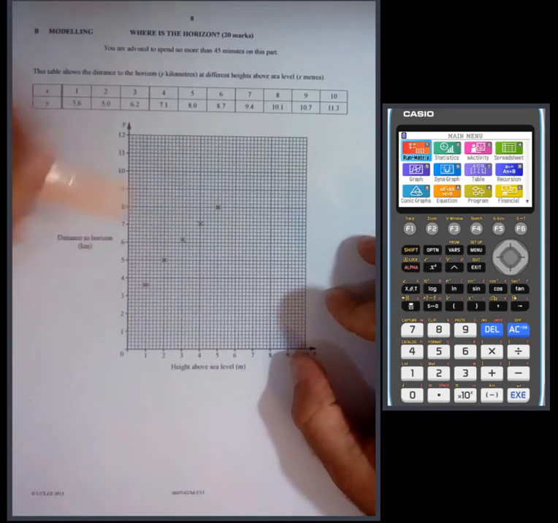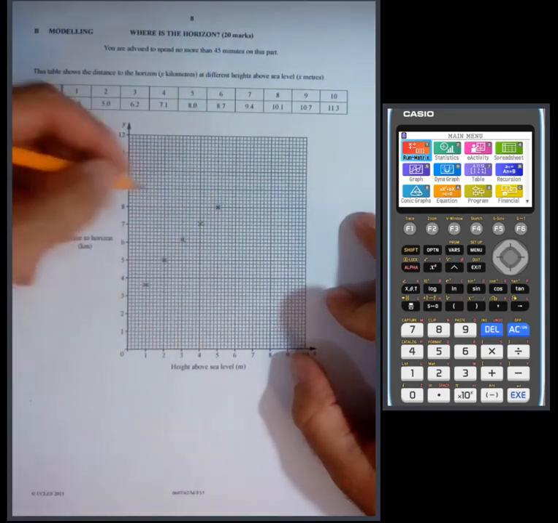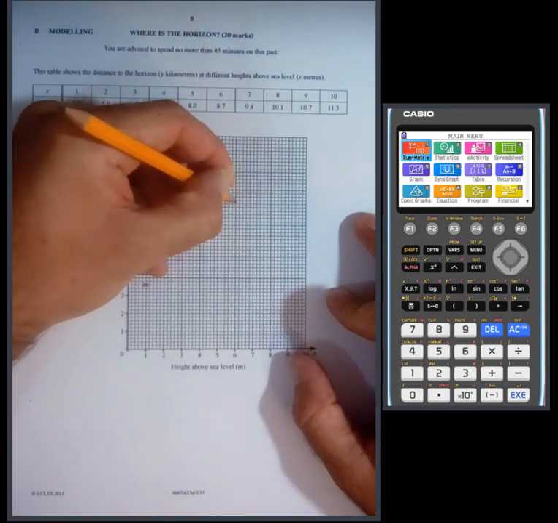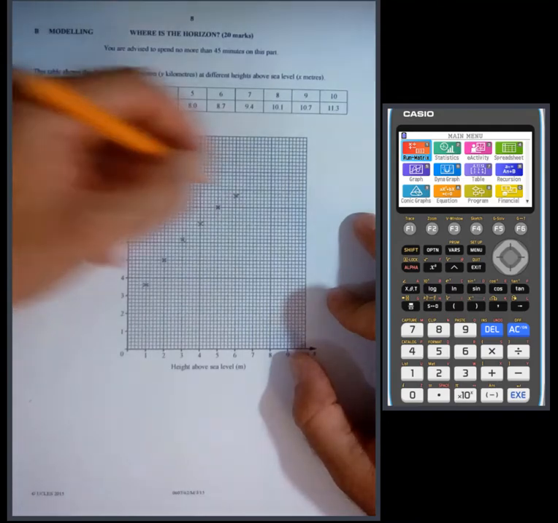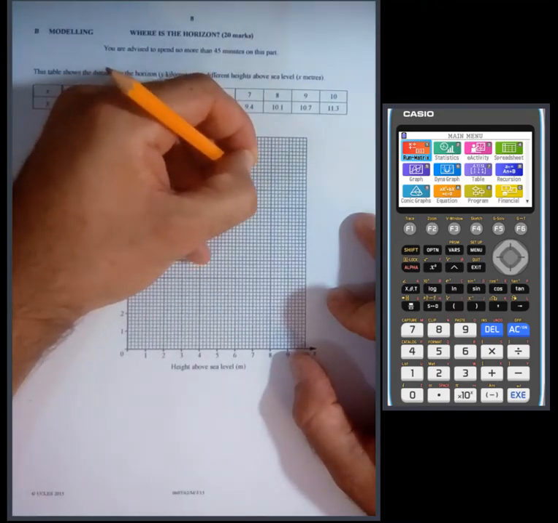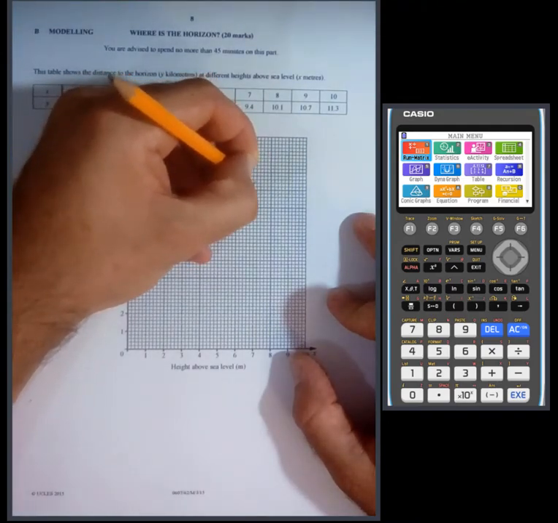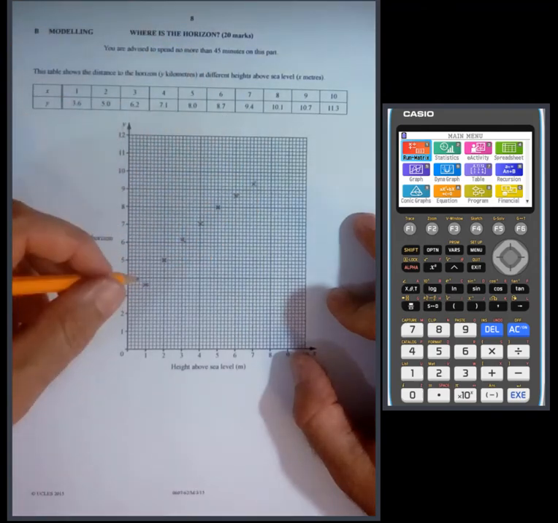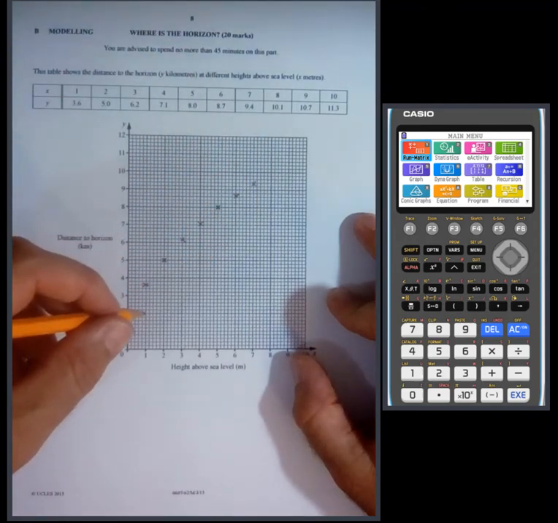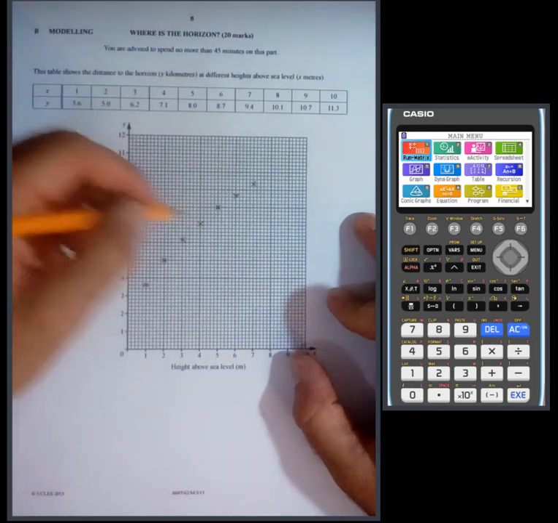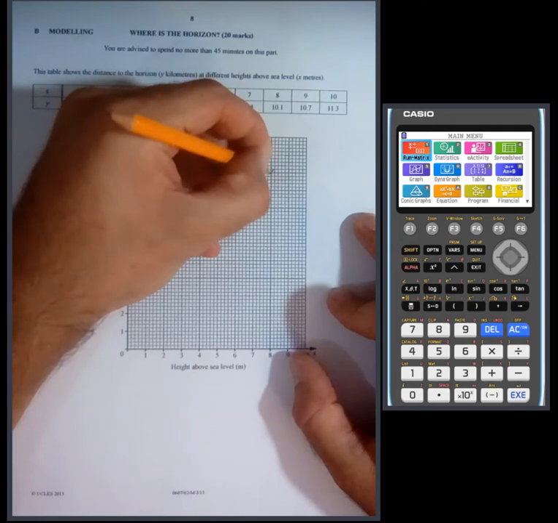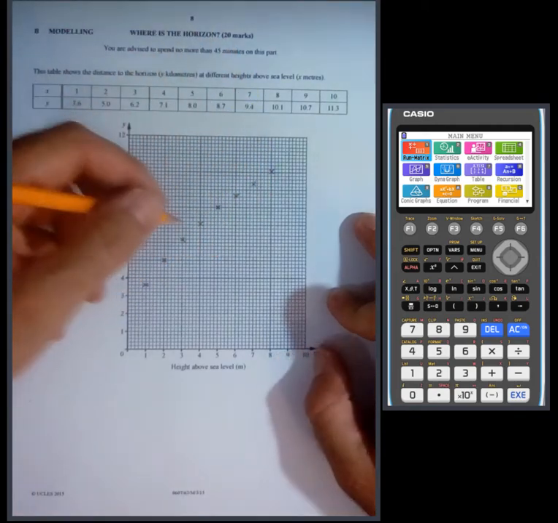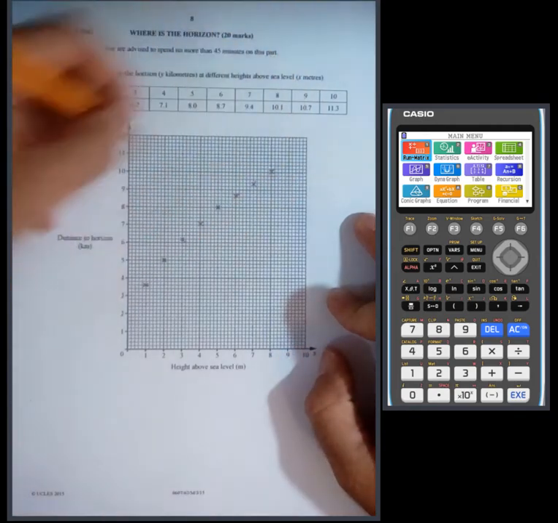5, 8 is already plotted. 6 and 8.7. Again, it's going to be 0.2, 4, 6, 7 there. Try and get it halfway. 7 and 9.4. 8 and 10.1 must be here, and 10 and 11.3.